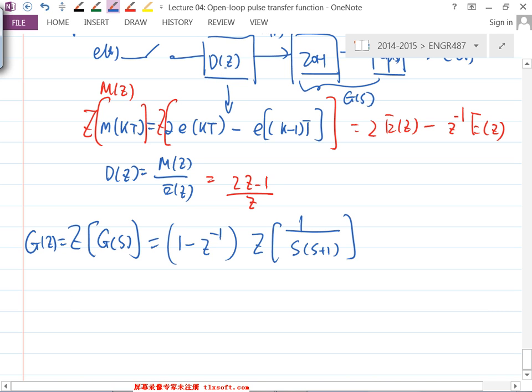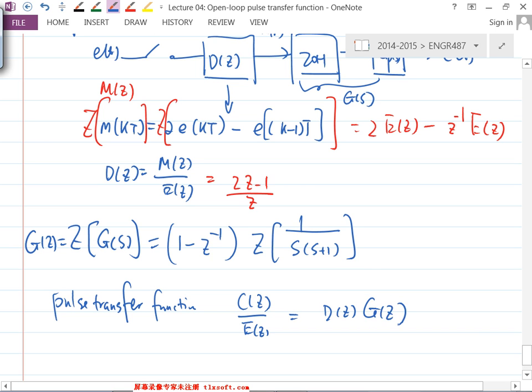The pulse transfer function is C of Z over E of Z, so output over input equals this D of Z times this G of Z. That's the result, so you can try to practice this yourself.